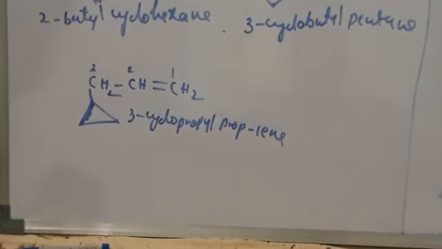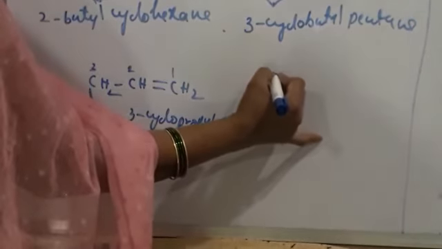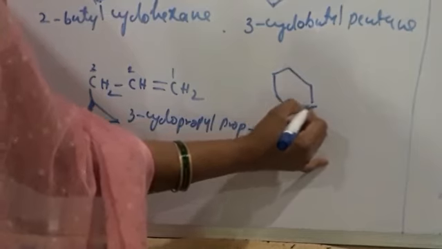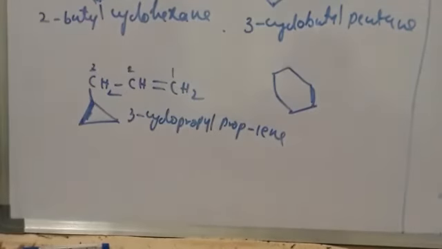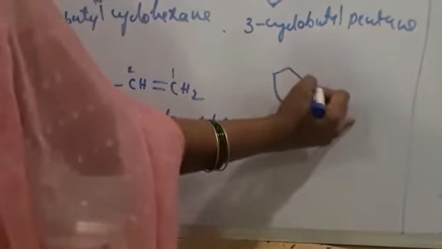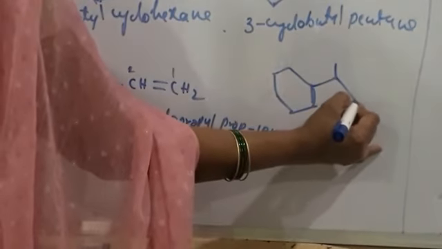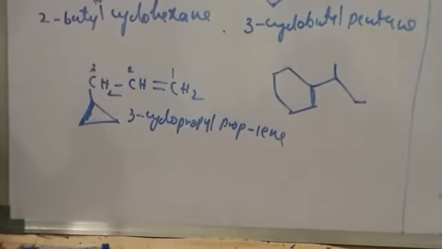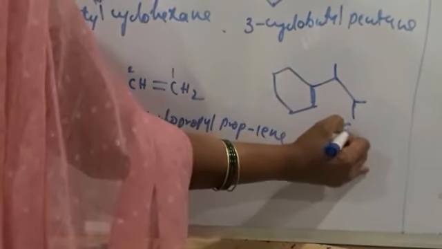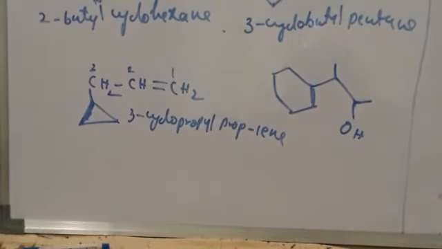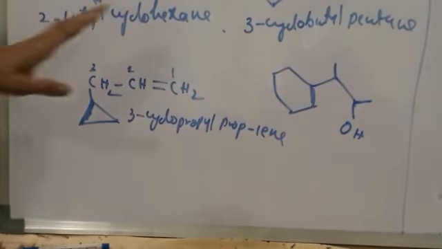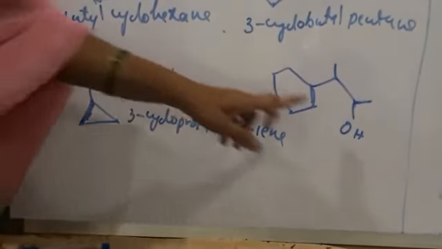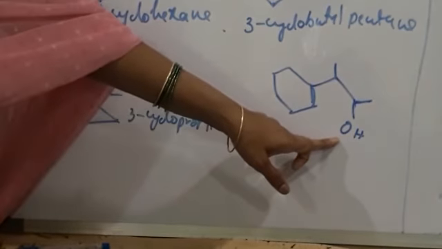Then we'll see one more compound here. Cyclohexane is there. It contains many substituent chains like this, and also it contains one functional group, that is the alcohol functional group. So here we can give its name starting from OH.